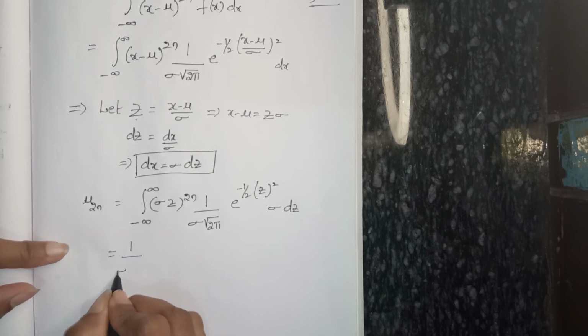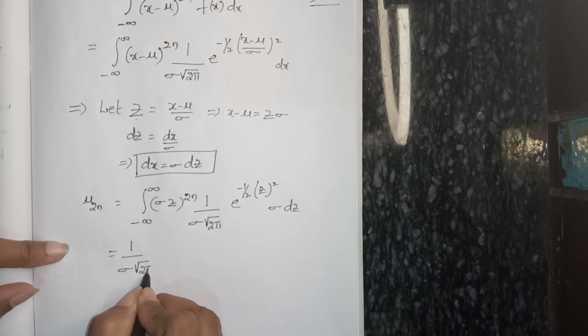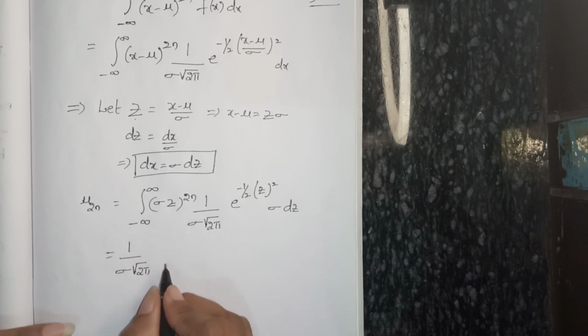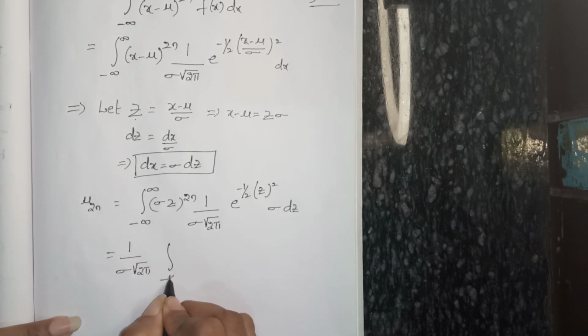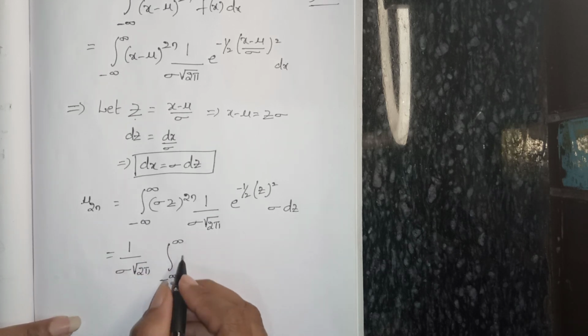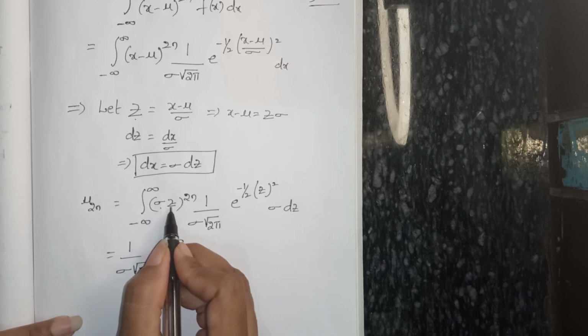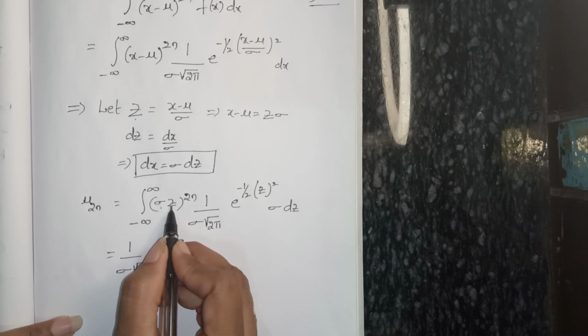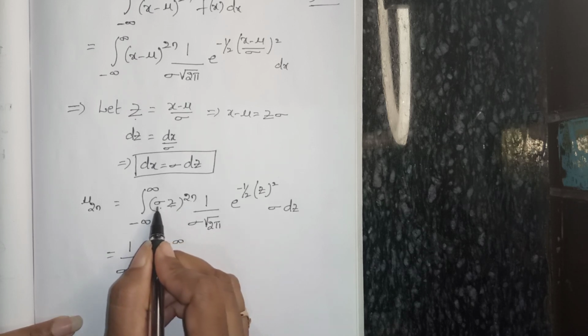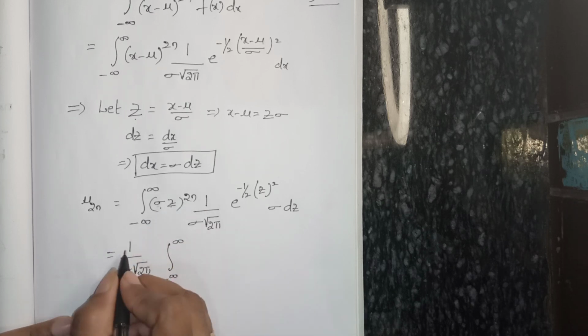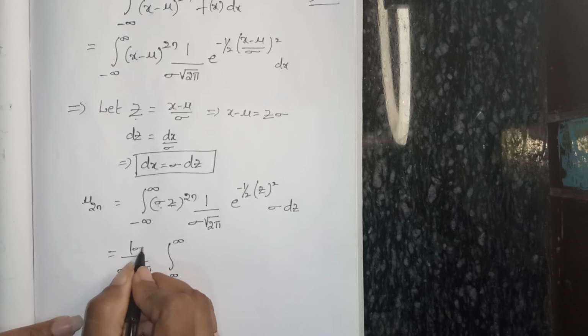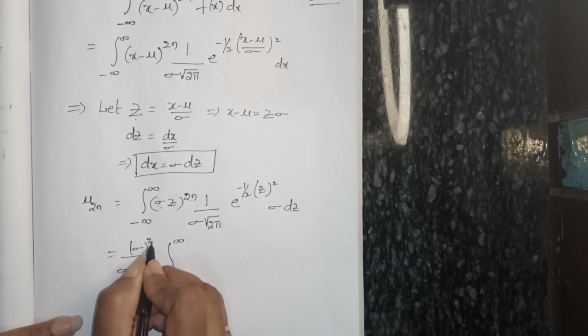So 1 by sigma root 2 pi is a constant. Integration from minus infinity to plus infinity. Sigma to the power 2n is also a constant, so sigma whole power 2n.